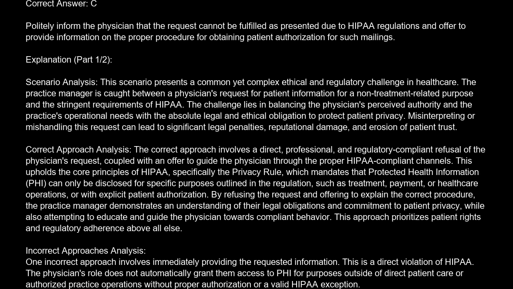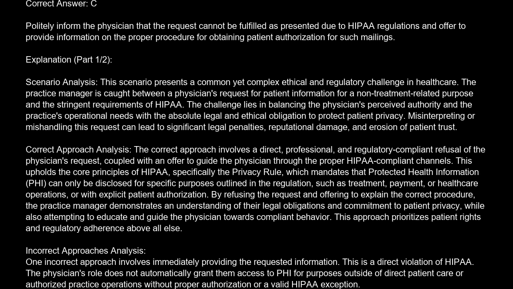Correct approach analysis. The correct approach involves a direct, professional, and regulatory compliant refusal of the physician's request, coupled with an offer to guide the physician through the proper HIPAA-compliant channels. This upholds the core principles of HIPAA, specifically the Privacy Rule, which mandates that protected health information, PHI, can only be disclosed for specific purposes outlined in the regulation, such as treatment, payment, or healthcare operations, or with explicit patient authorization.